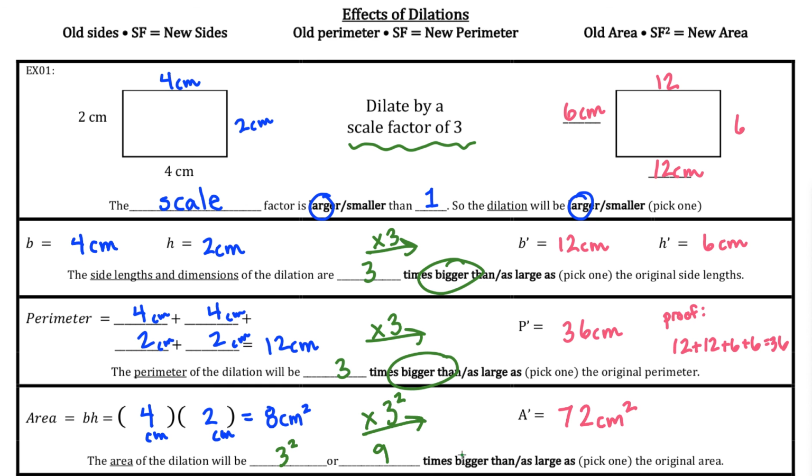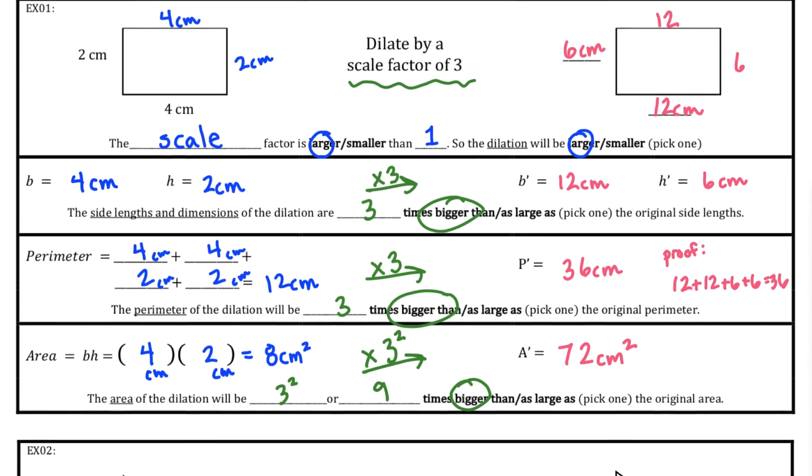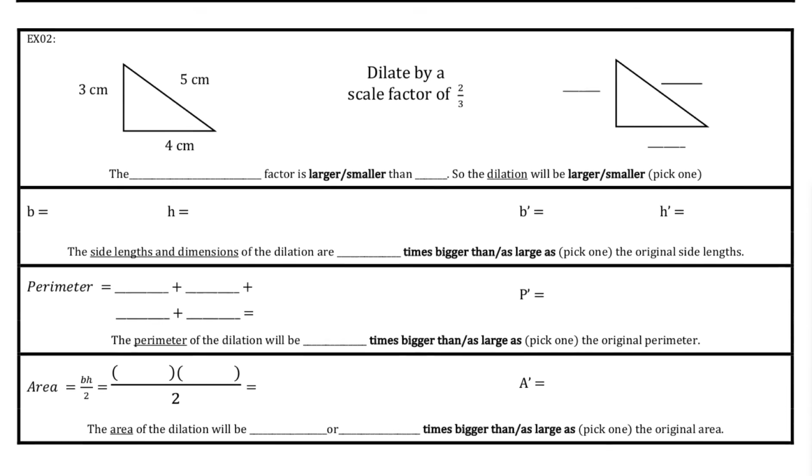So the area gets 9 times bigger, not 3 times bigger. If the scale factor was 4, the area wouldn't be 4 times bigger, it would be 4 to the second power times bigger, and 4 times 4 is 16. So it's not going to be the same as the others, it's going to be to the second power. Let's go ahead and try another.